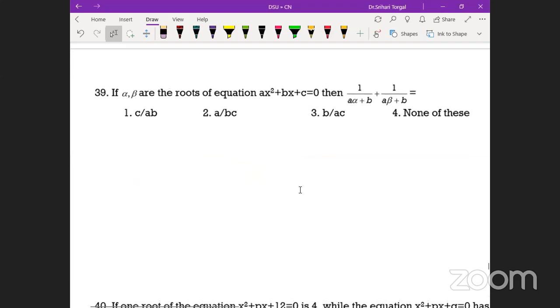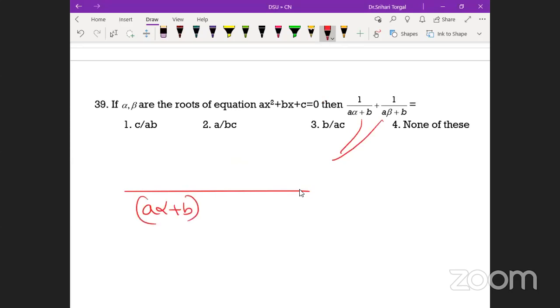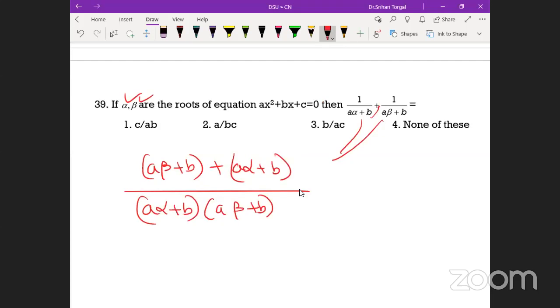Now, if alpha and beta are the roots of the equation ax square plus bx plus c equal to 0. Okay. Now, we'll simplify. We'll take the LCM of these two. And what we get here? Alpha and beta are the roots here. If it cross multiplies like this, what happens? A alpha plus B. Now, if you take A common in these two, what do we get?